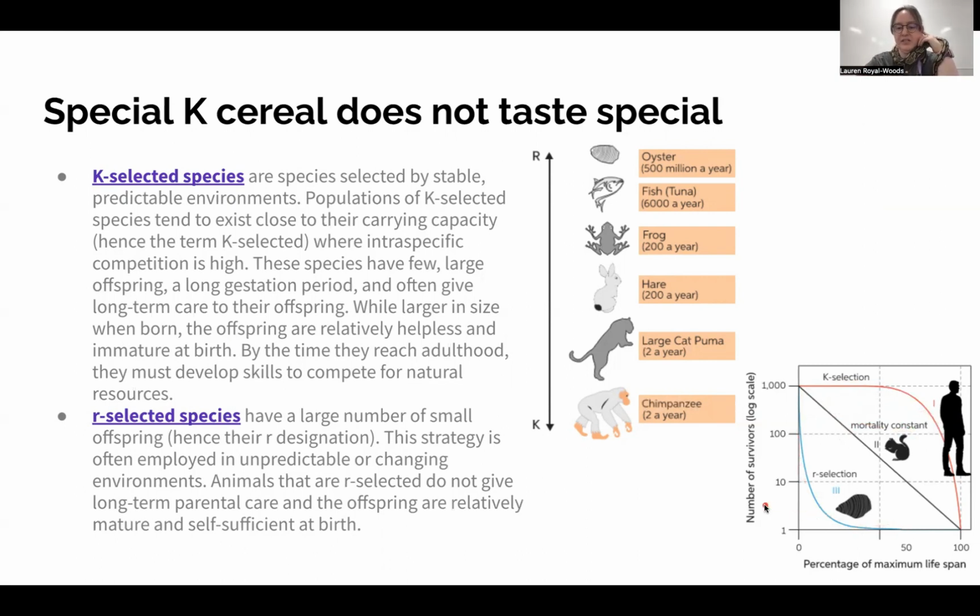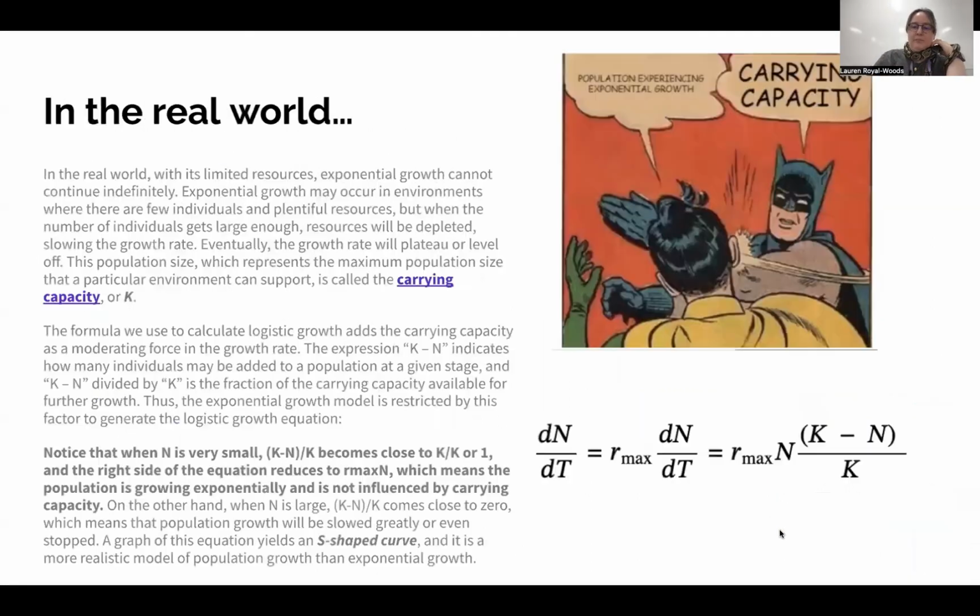So they have a very high early death rate and then even out into a long lifespan, or a very low death rate at the beginning, and then they live a lifespan and then die off rapidly as they age. So again, K-selected is type 1s and R-selected is type 3s. So remember when I said we'd be coming back to that? Here we are. So that's actually showing in the math right here. So we are a K-selected species.